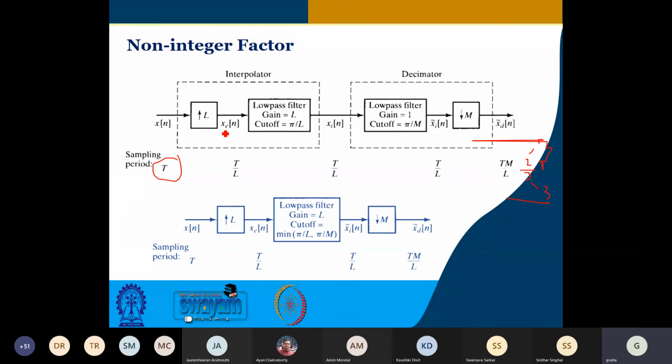The method is zero insertion and then an ideal low pass filter. Then, whatever we get, we decimate it, with the gain and cutoff frequencies we consider, and then downsample. So this is the final output.